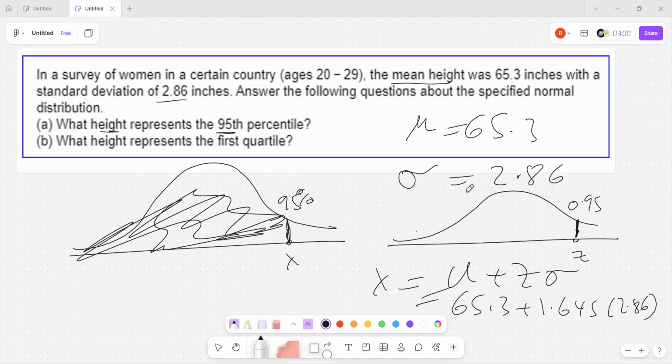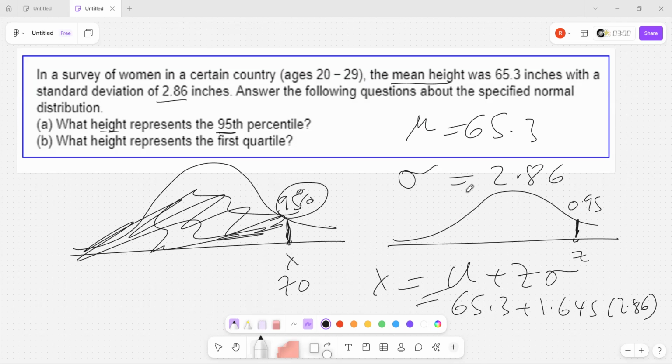Do your calculation and tell me X is what? 69.805. So it's approximately 70 inches, right? So our 70 inches is the 95th percentile of the X we are searching for.